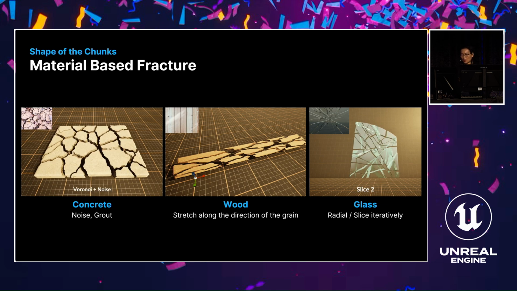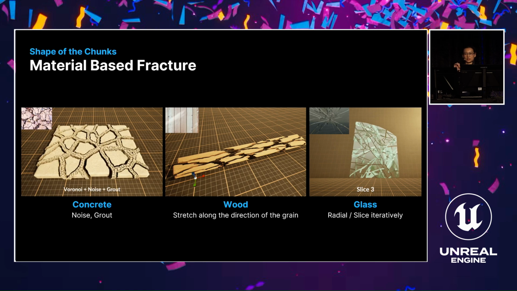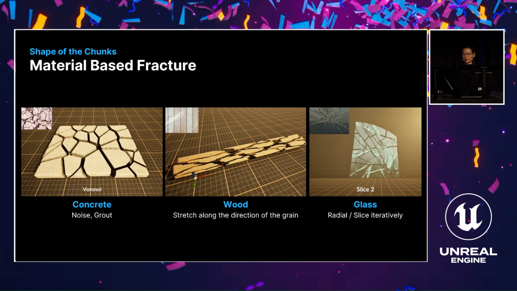And adding some noise on the edge can give it a more organic look. Additionally, the fracture tool in Unreal has a grout option. It will create a channel between the large chunks, and then you can create smaller pieces in between. Because that's what happens in nature. Cracking areas always generate detailed debris.